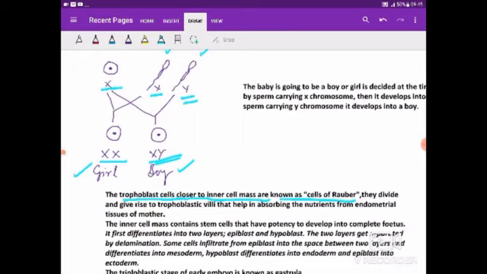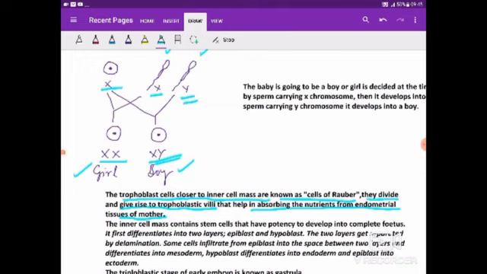The cells of Rauber in the trophoblast, towards the region where the inner cell mass is, undergo cell division and give rise to trophoblastic villi, and these villi help in absorbing the nutrients from the endometrial tissue of the mother. So now the early embryo starts getting nutrients from the endometrium of the mother's uterus.